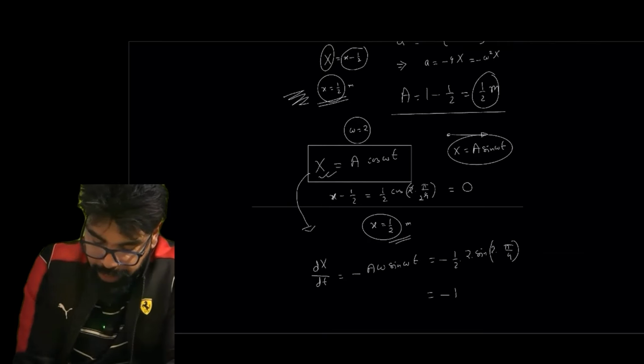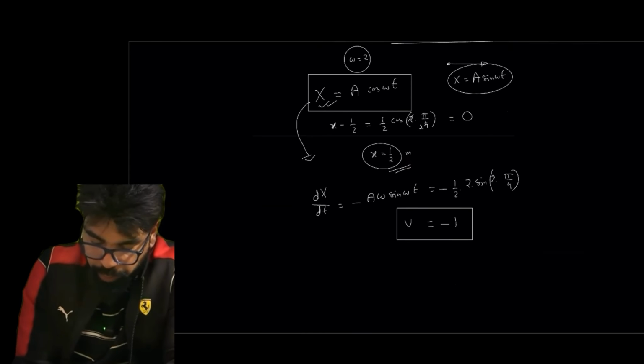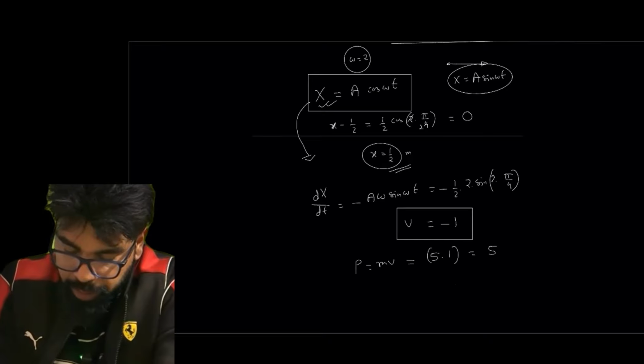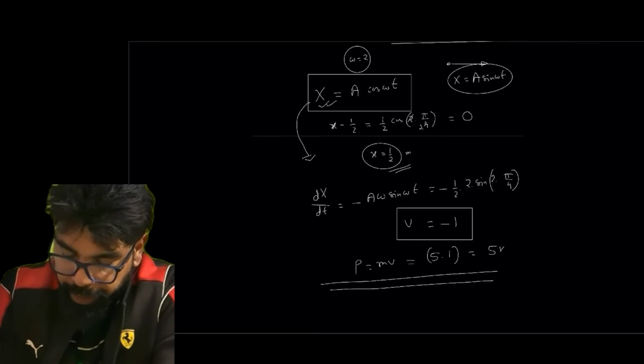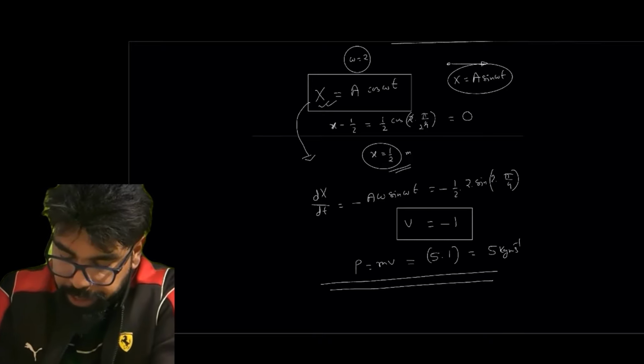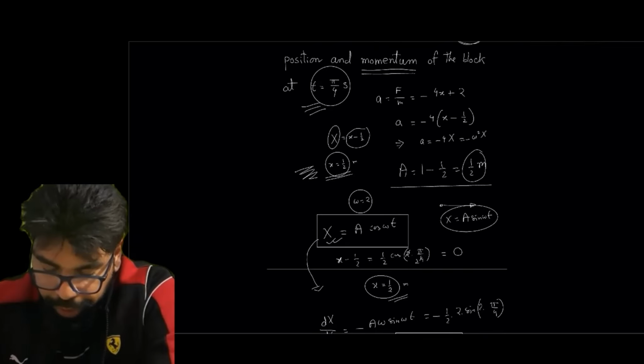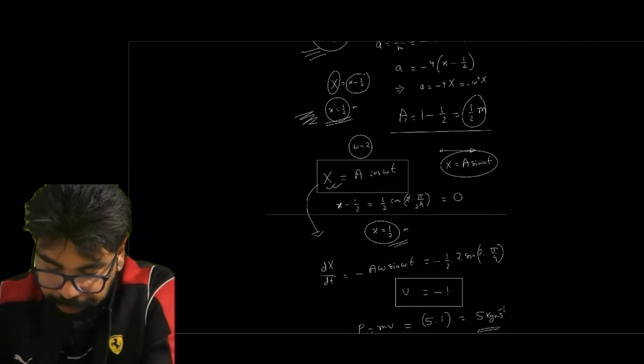So this answer is coming as -1, so velocity is -1. Because the mass is given as 5 kg, the momentum p is equal to mass into velocity. The mod value is going to be 5 into 1, so the answer is 5. This is the momentum, 5 kg m/s, in SI units. So we got the x coordinate, the position, as well as the momentum.